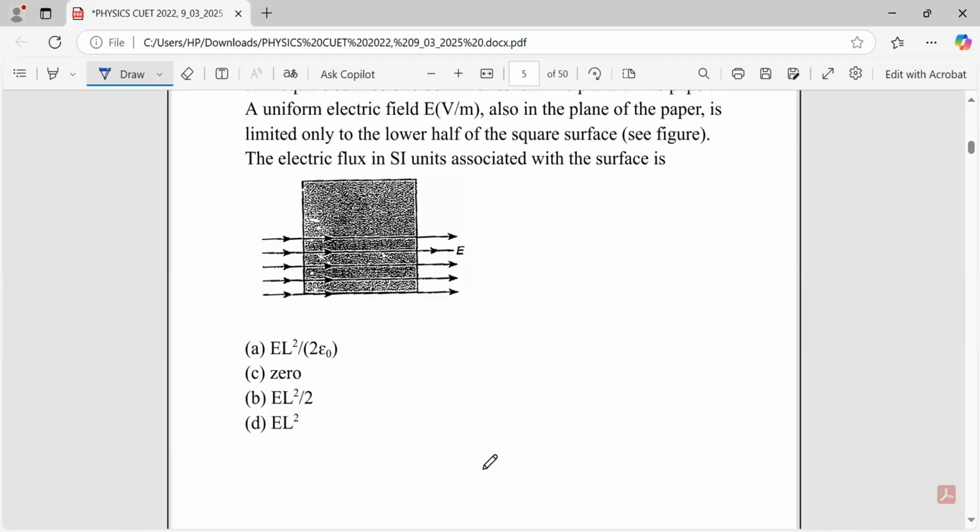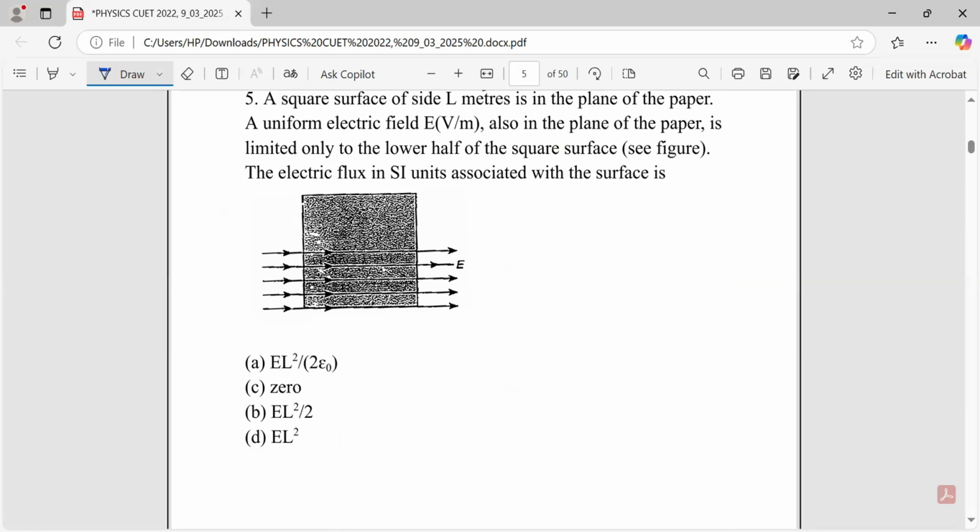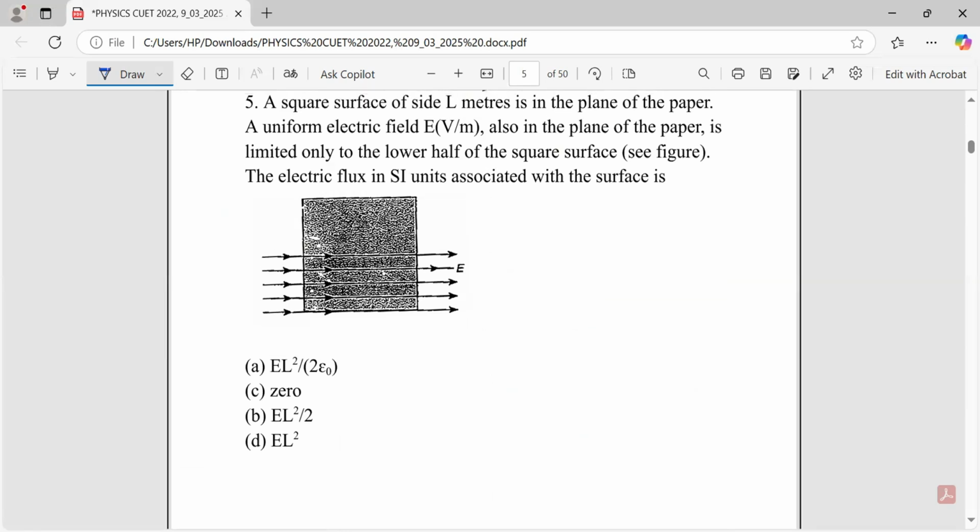Now the question number 5 is based on the concept of electric flux. We know that how many lines are entering will be equal to the number of lines leaving.